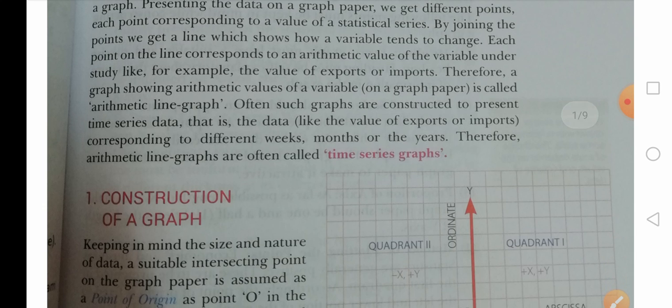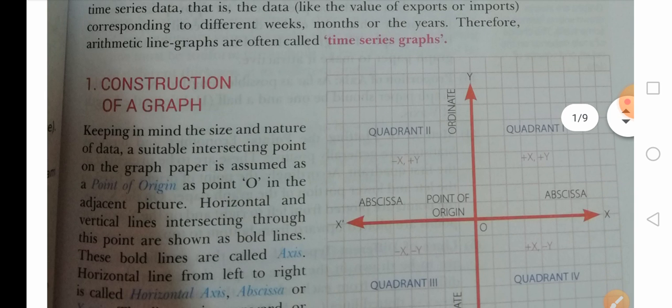Often such graphs are constructed to present time series data, that is, data like the value of export or import corresponding to different weeks, days, months, or even years. Therefore, arithmetic line graphs are often called time series graphs.